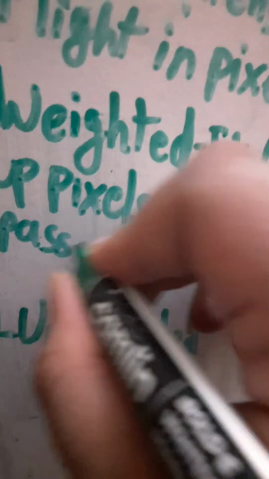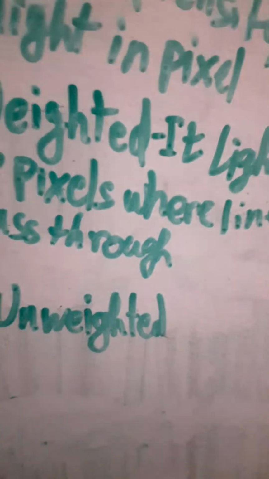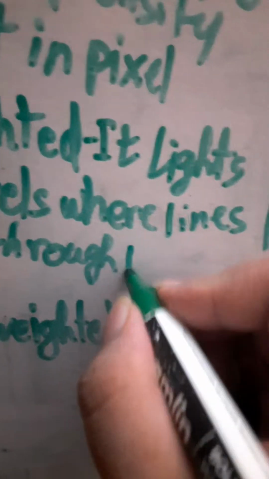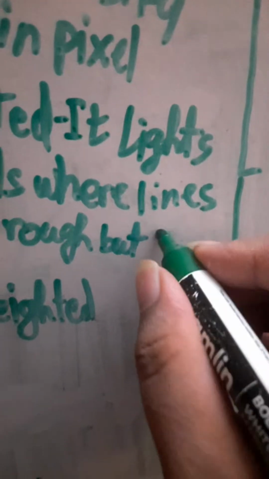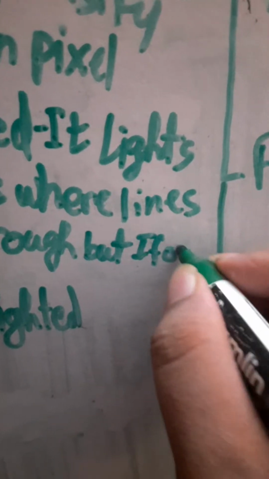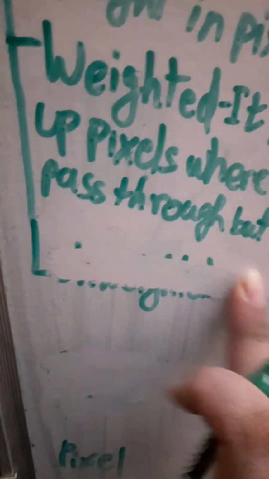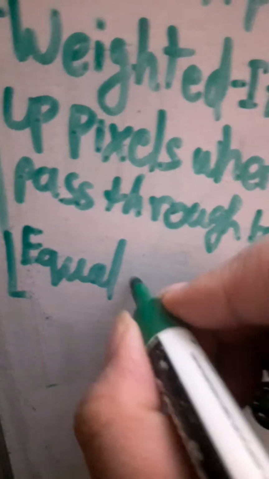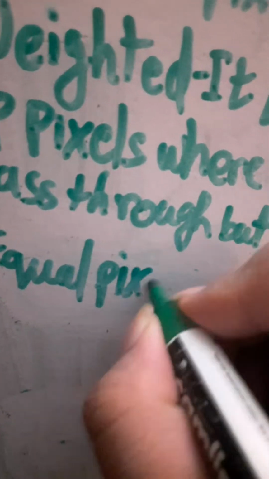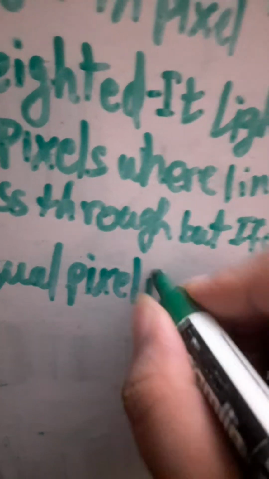But if the lines overlap, it gives equal pixel intensity to both pixels.